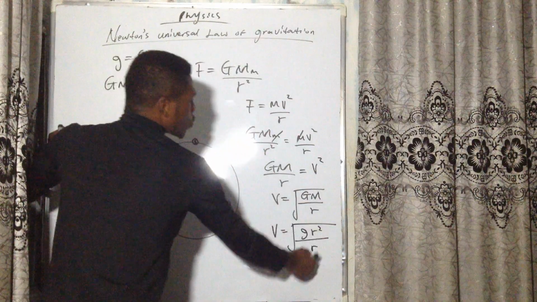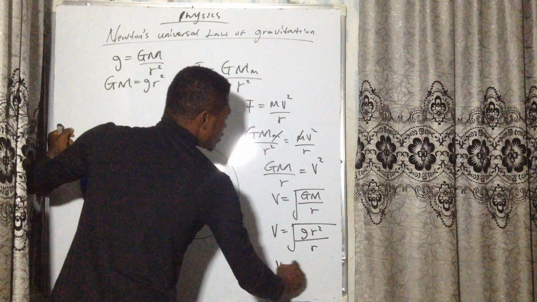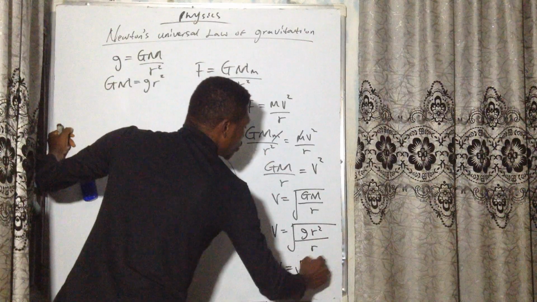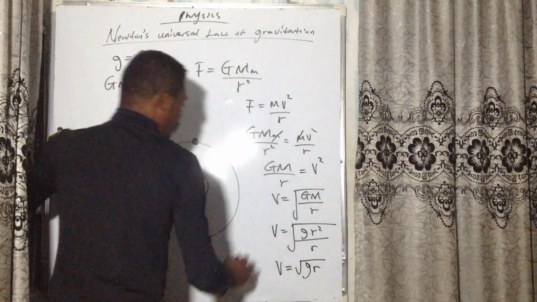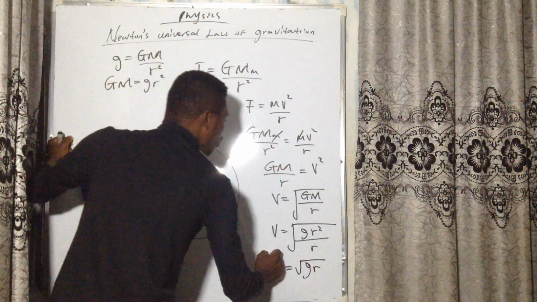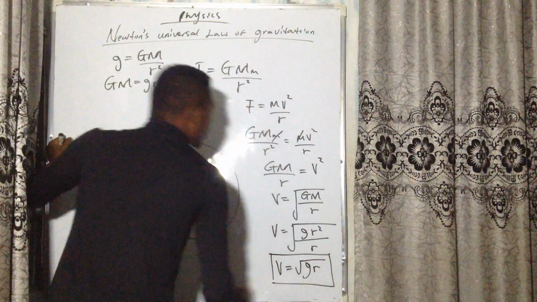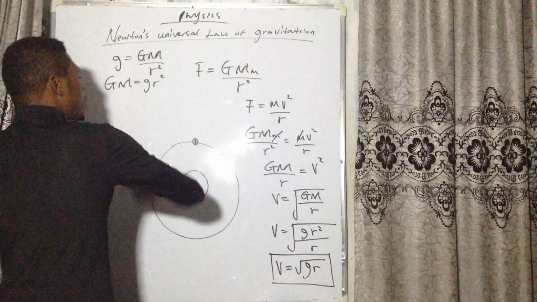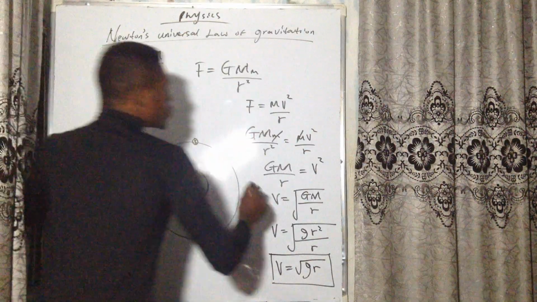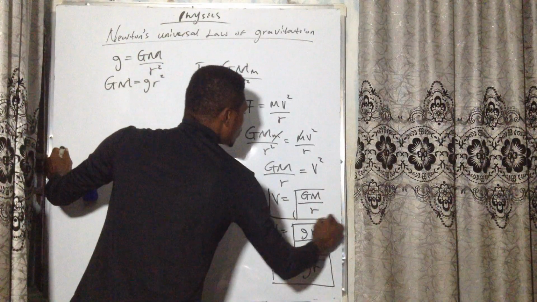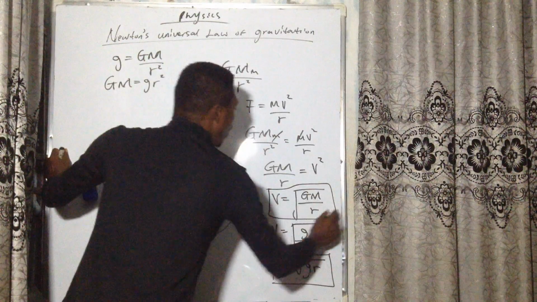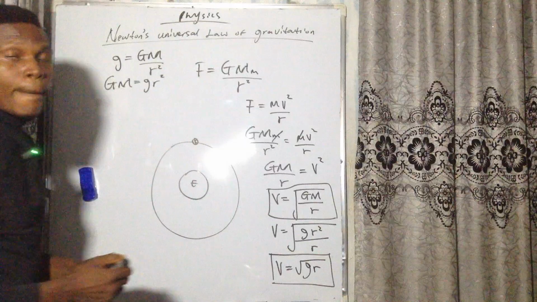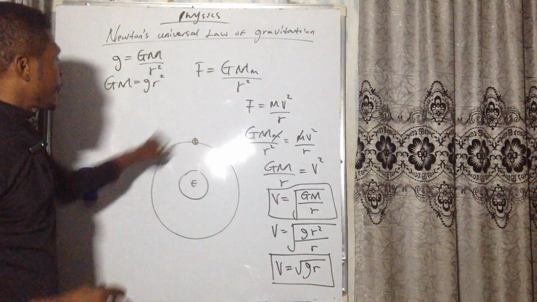So this one r will cancel. Therefore V is equal to root gr. So this is the equation for the velocity of the satellite along this orbit. Either you use this one, or you use this one.